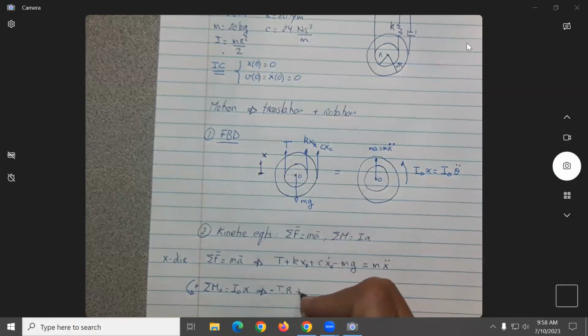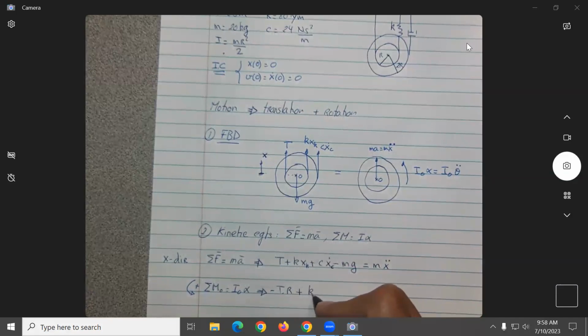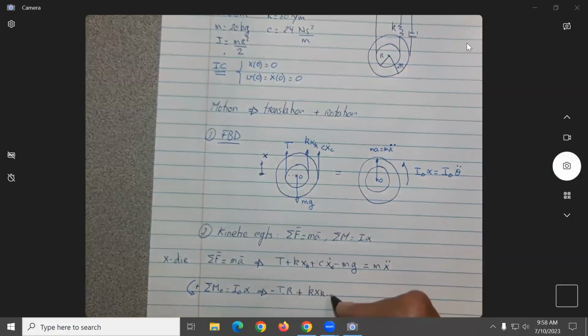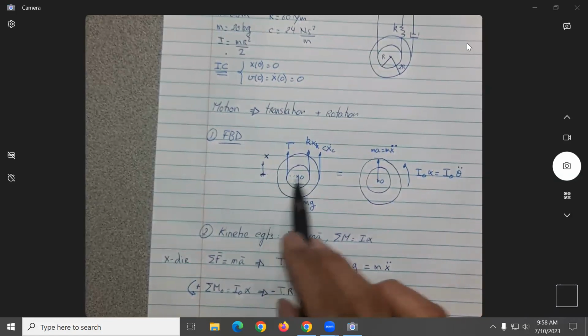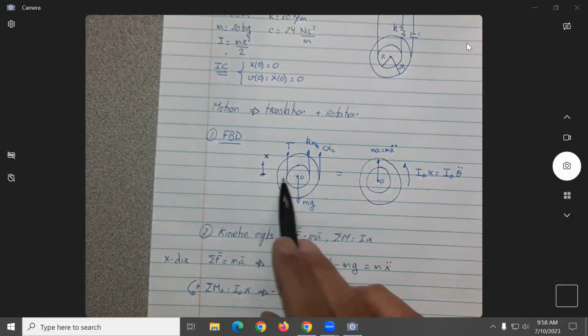Then plus K X sub K times R, plus C X dot sub C times 2R.